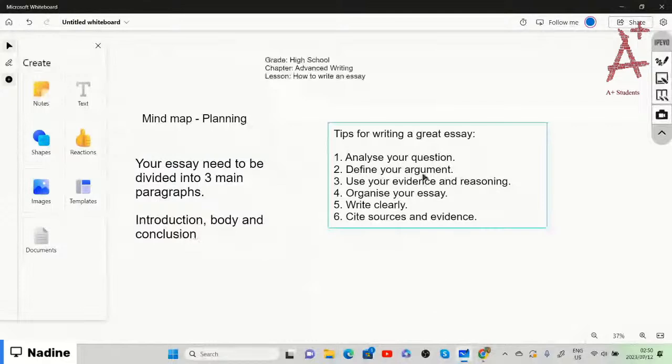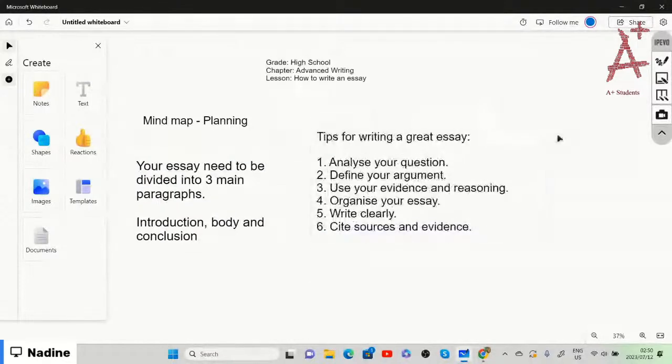And then we also gave you 6 tips to write a great essay. Analyze your question, and remember your question is based on what you need to write about, not just the topic. Define your argument, give a definition, go deeper into what your argument is going to be about.